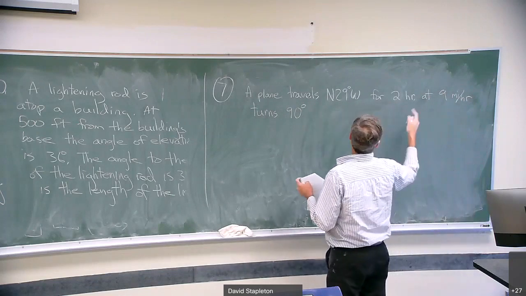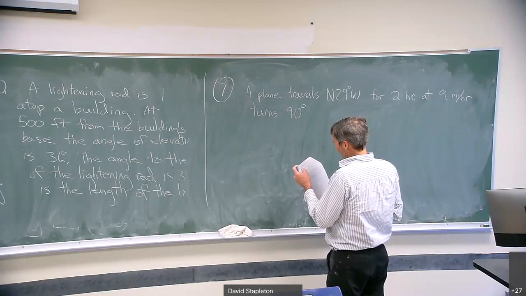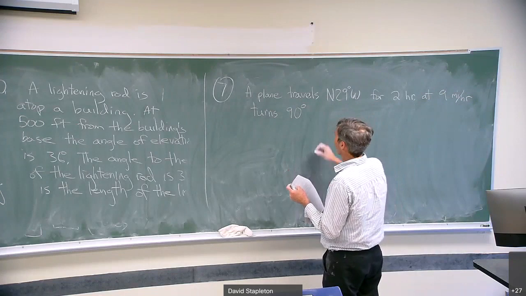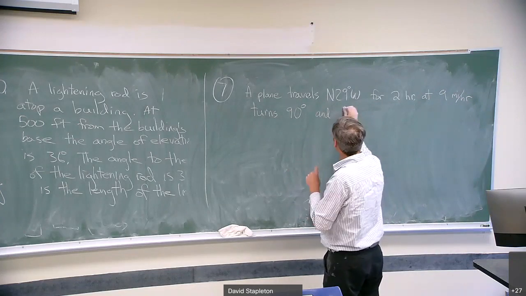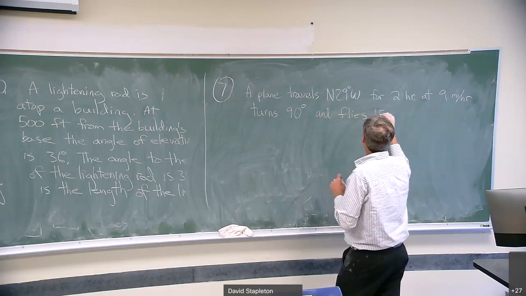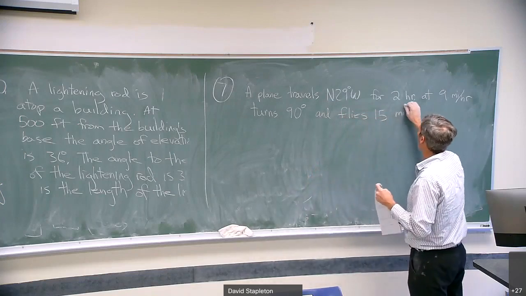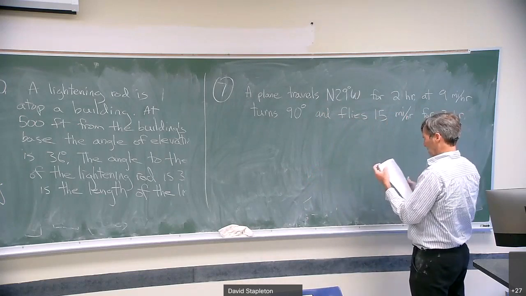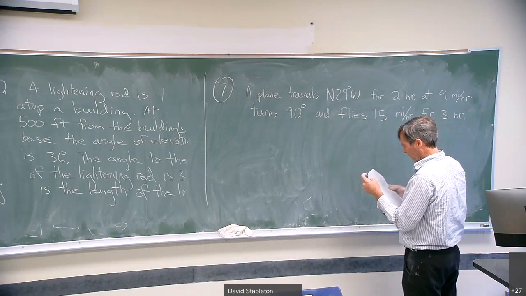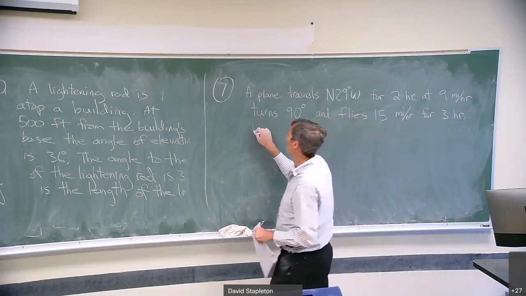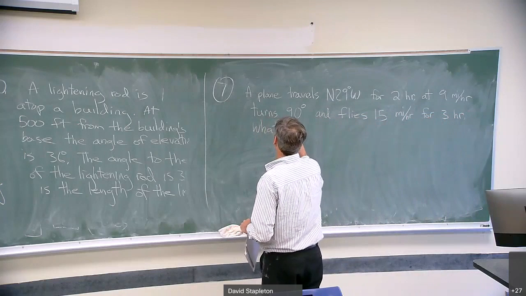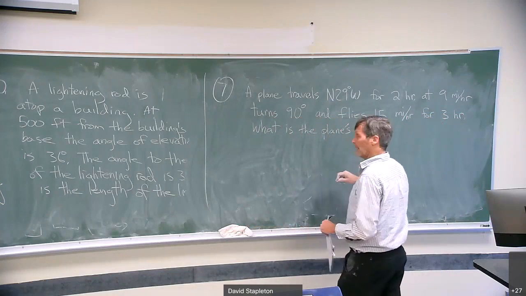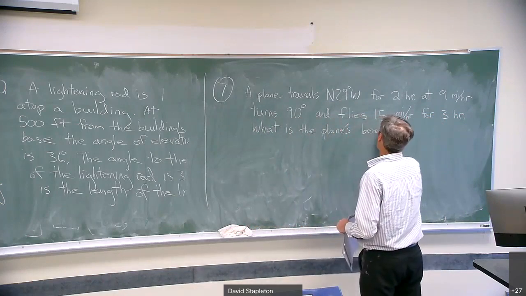So it travels this one for 2 hours at 9 miles per hour. Then makes a right turn 90 degrees, flies 15 miles per hour for 3 hours. What is the bearing of the plane from its starting point?